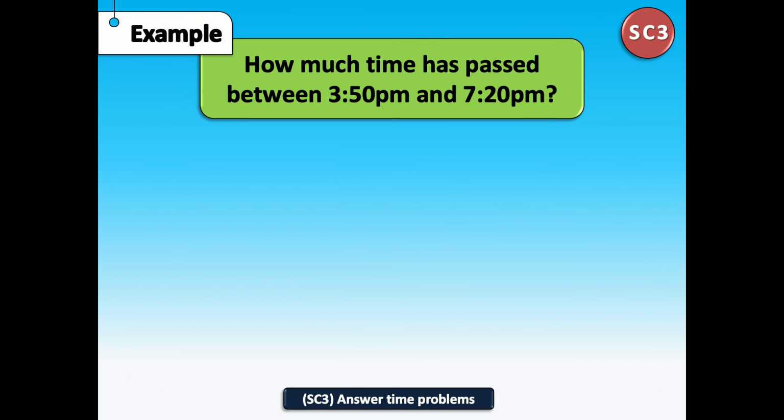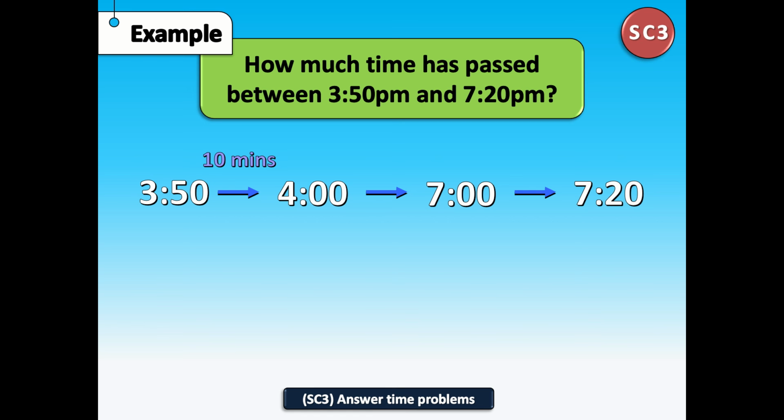So how much time has passed between 3:50 p.m. and 7:20 p.m.? Well, if we start at 3:50 and think about the next hour, the next hour would be 4 o'clock. Then we want to get to 7 o'clock and then to 7:20.